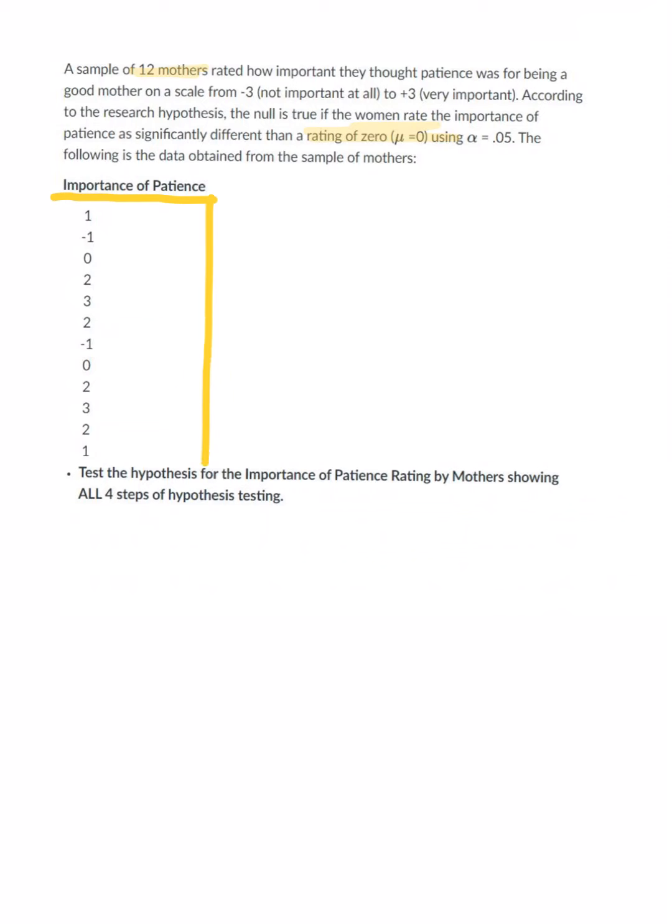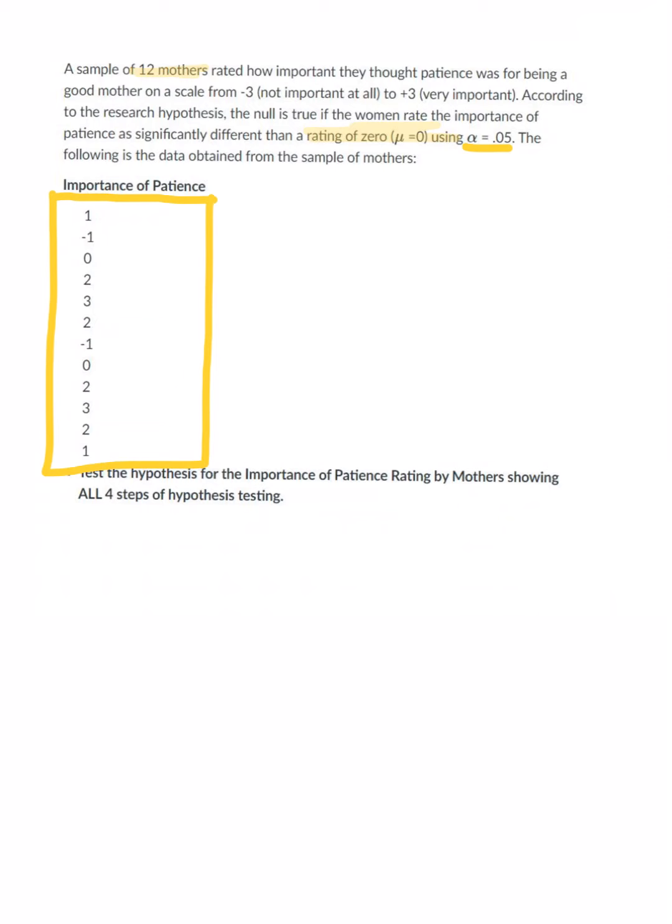This is our sample of 12, and if you count, there are 12 scores. We're using alpha 0.05, and nowhere in here does it say they were looking at the scores being higher than 0 or lower than 0.